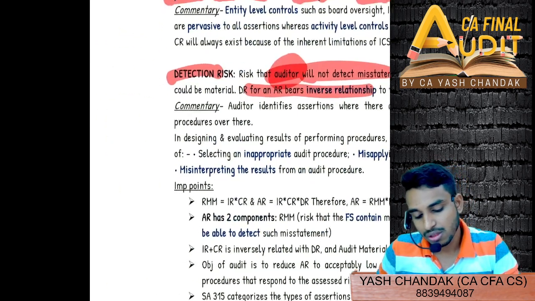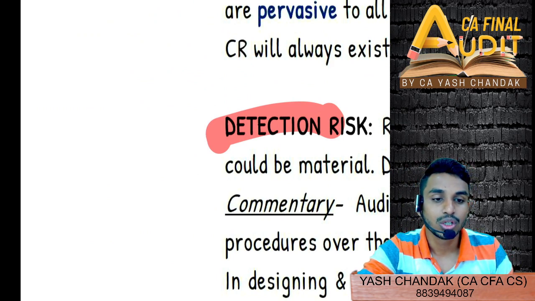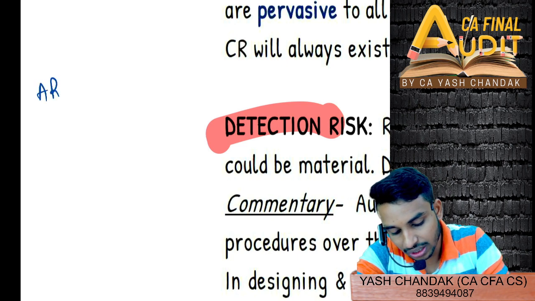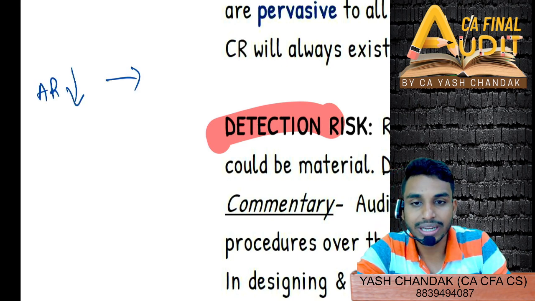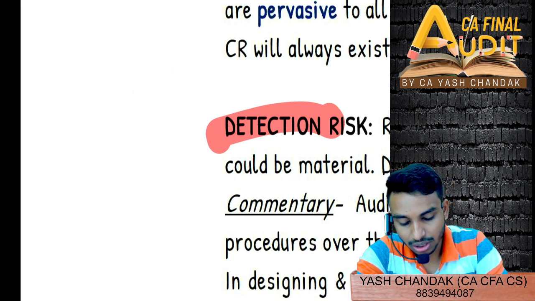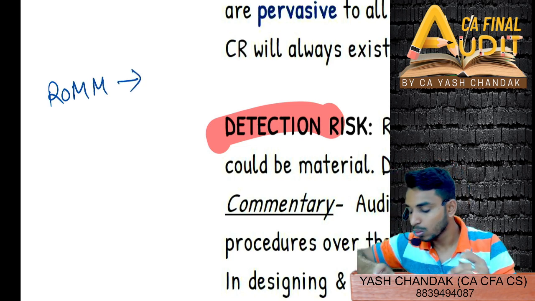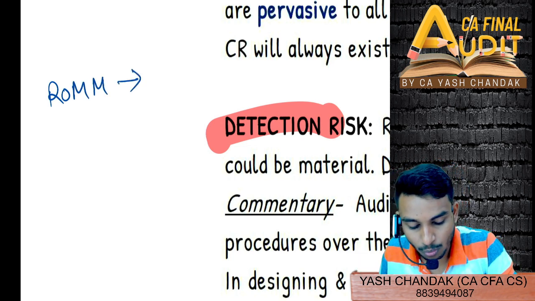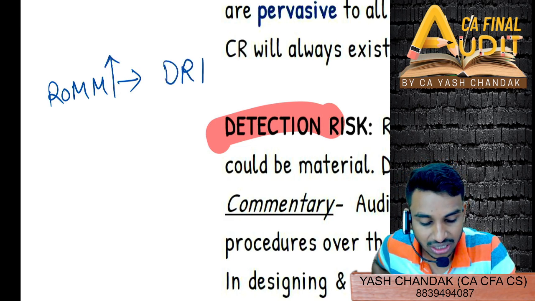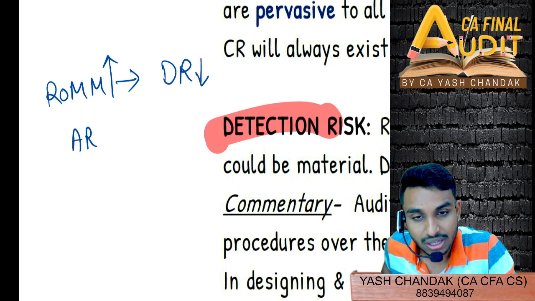How come? So what do you think? If you want to decrease total overall audit risk, it's with respect to ROMM actually. If ROMM is more than what you expected, then you need to reduce your detection risk so that overall audit risk is at par.